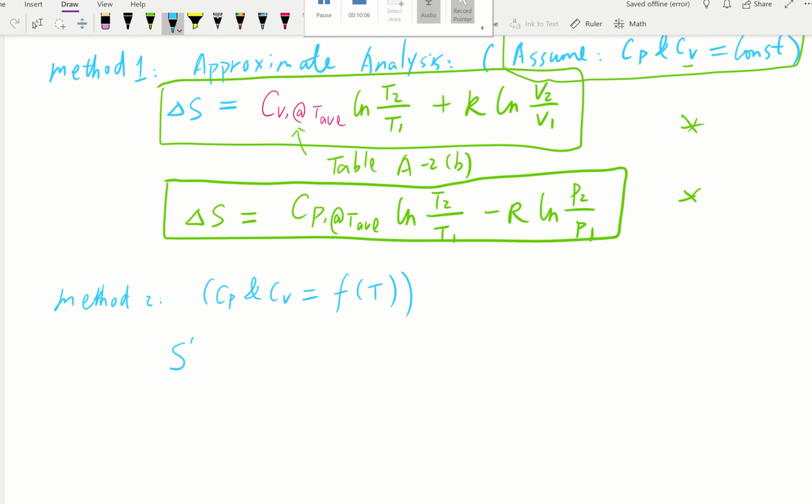It's actually in our ideal gas table, which is table A17 and above. In there is a parameter called S0 of T. It's going to be time to use this now.